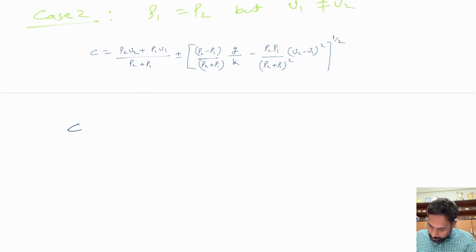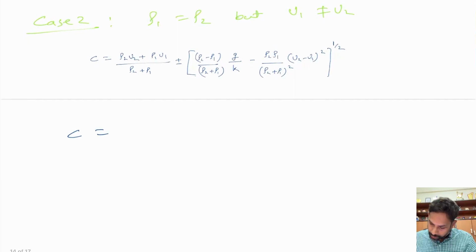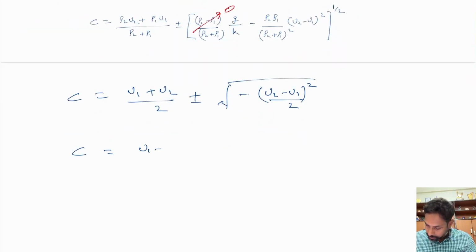Okay, this will give us C equal to, so rho 1 is same as rho 2, so this will become (u1 plus u2) by 2 plus minus, the first term will become 0, so this becomes minus (u2 minus u1) squared over 2. So basically that becomes equal to (u1 plus u2) over 2 plus minus imaginary unit times (u2 minus u1) over 2.